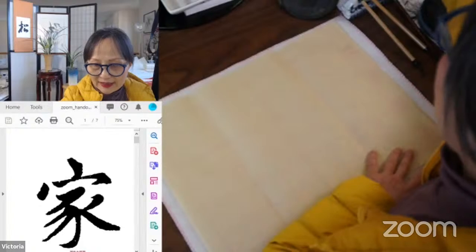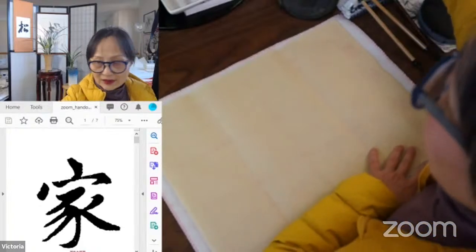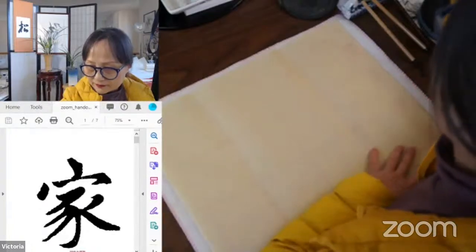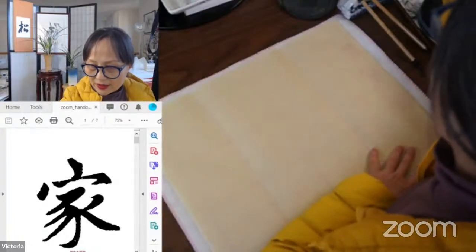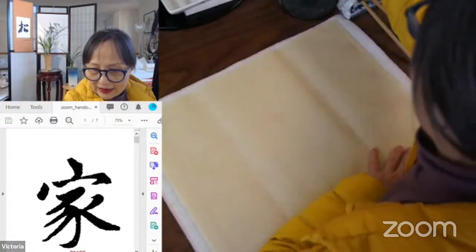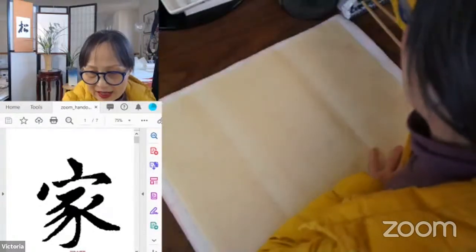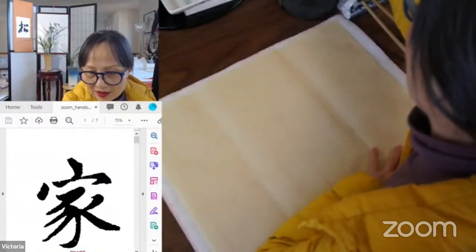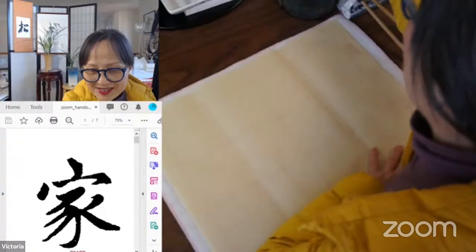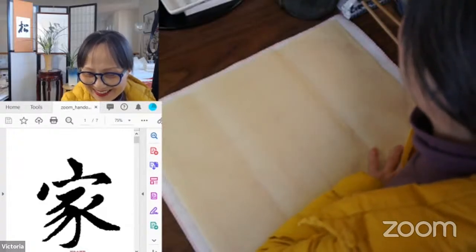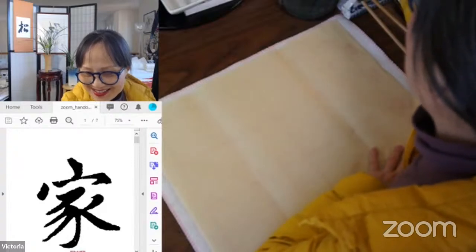Since we learned last time, what was the character we learned last time? Yes, the on. Who can answer with the pronunciation? Emily, you know the character and also the pronunciation.